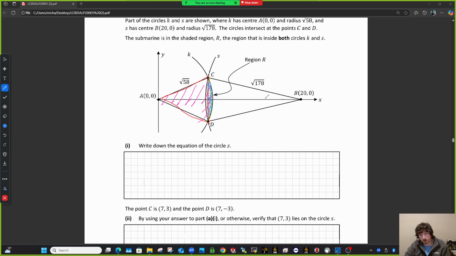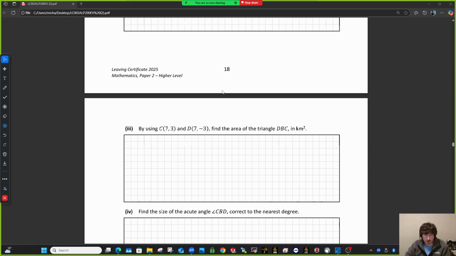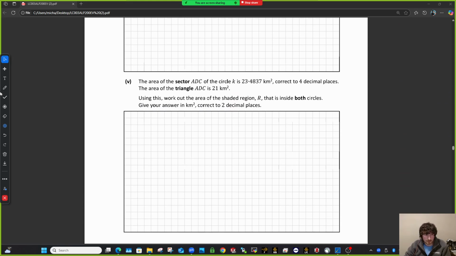And we do the reverse of that over here with this sector and this triangle to get this other shaded bit here on the left. And then that gives us the total shaded region. So what I'm doing is I'm taking a sector on the left away from a triangle on the left, adding it then to a sector, take away a triangle on the right to get the area shaded. So I'll just write the solution here. I don't think this is too hard.